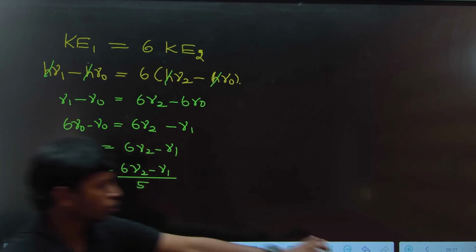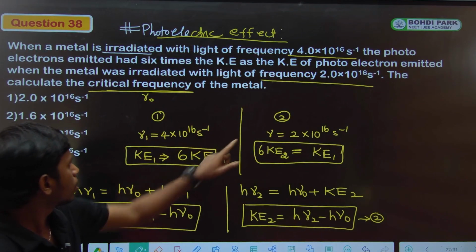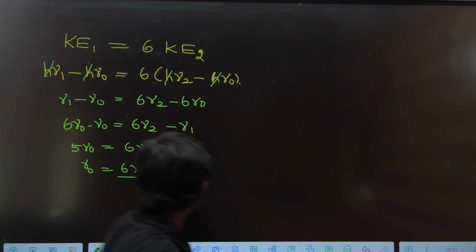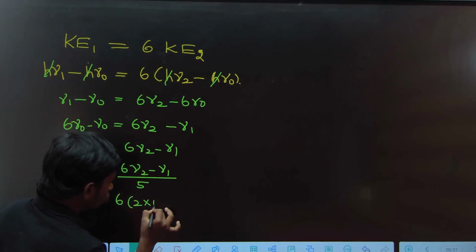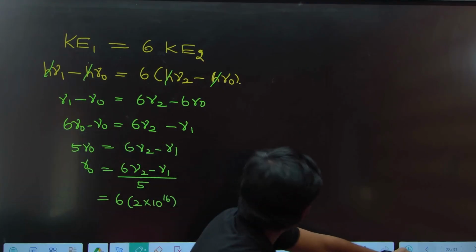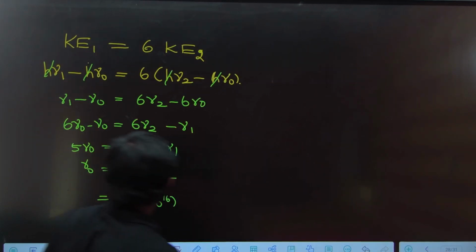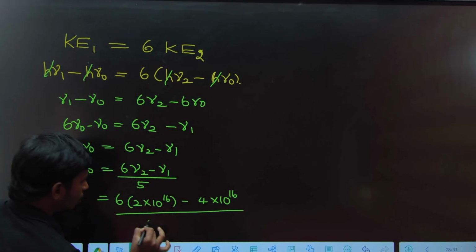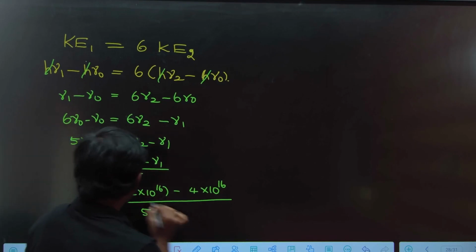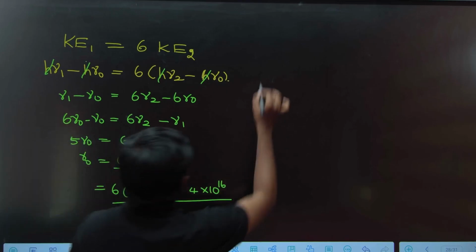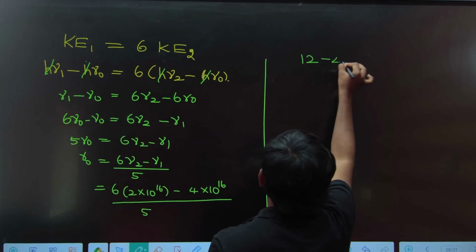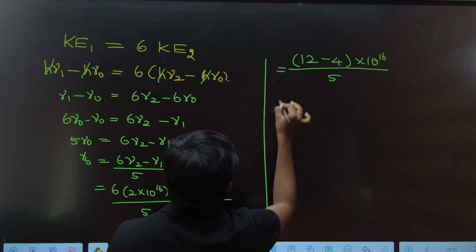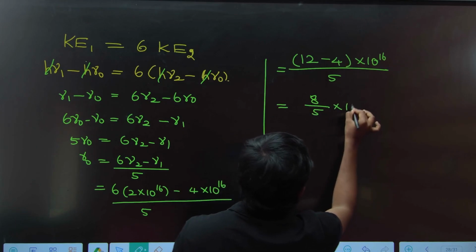Have they given the values of mu 2 and mu 1? mu 2 is 2 into 10 to the power 16, and mu 1 is 4 into 10 to the power 16. So (6 into 2 into 10 to the power 16 minus 4 into 10 to the power 16) divided by 5, in second inverse. 2 into 6 is 12. 12 minus 4, taking 10 to the power 16 common, divided by 5, which means 8 by 5 into 10 to the power 16.